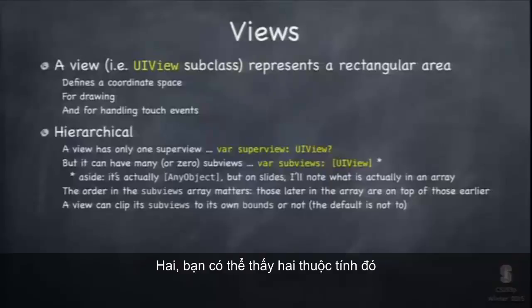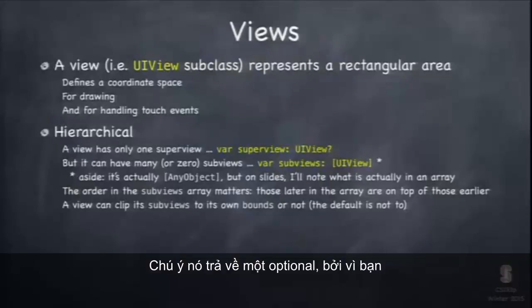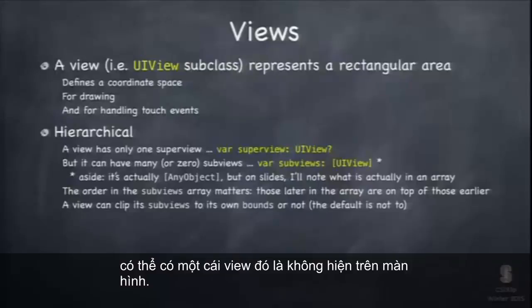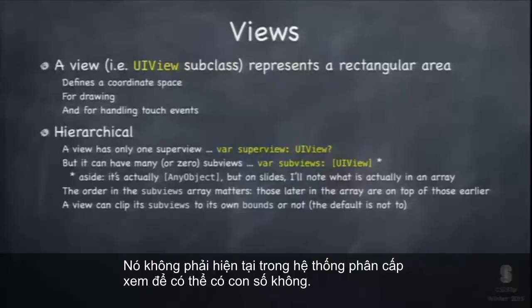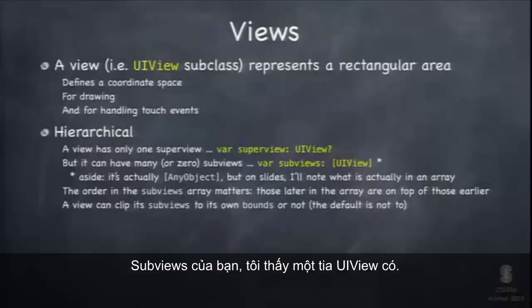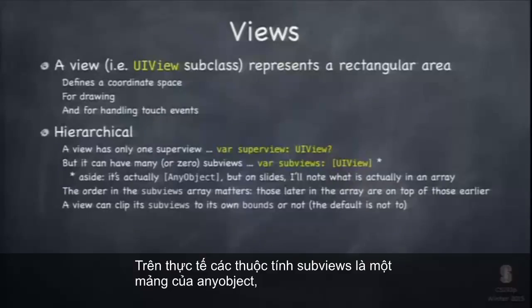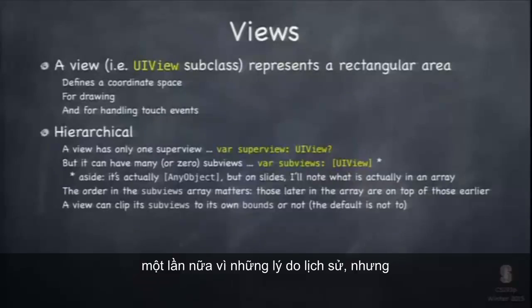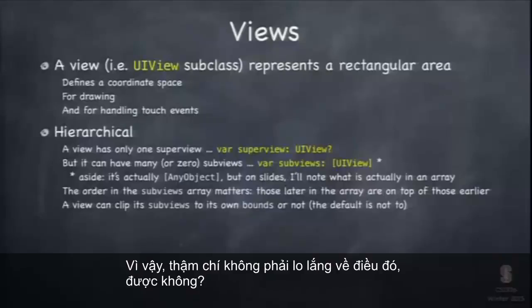You can see the two properties there for getting your superview. Notice it returns an optional. That's because you can have a view that's not currently on screen. It's not currently in a view hierarchy, of course, so that could be nil. Your subviews, I show array of UIView there. Actually, the subviews property is an array of AnyObject, again for historical reasons, but there will always be UIViews in there.